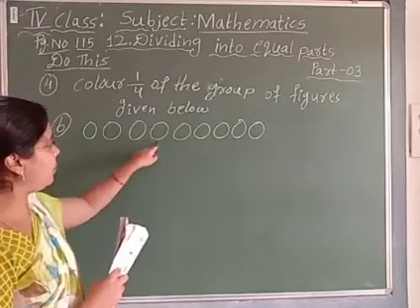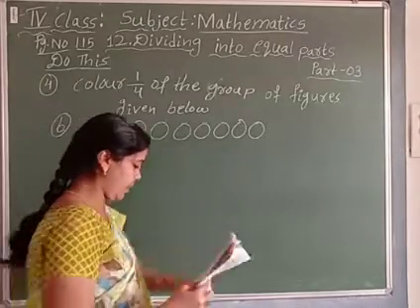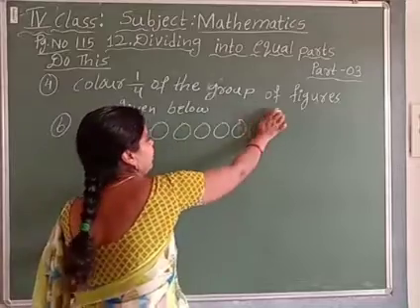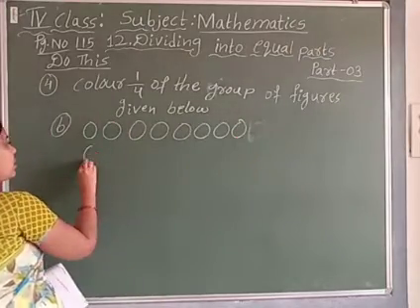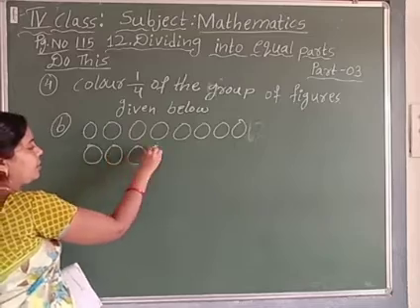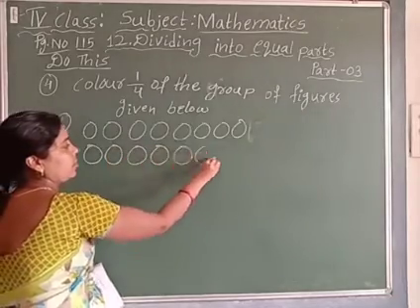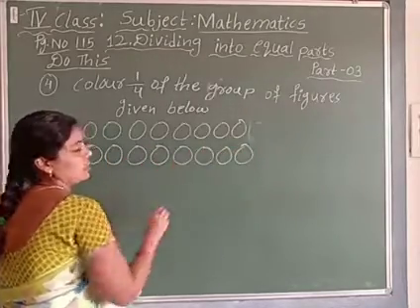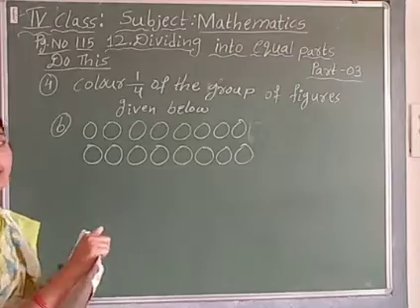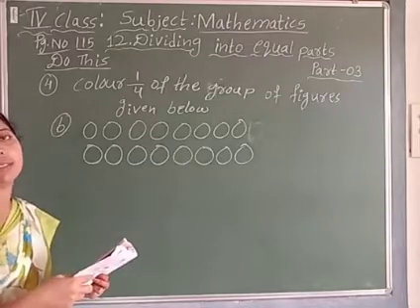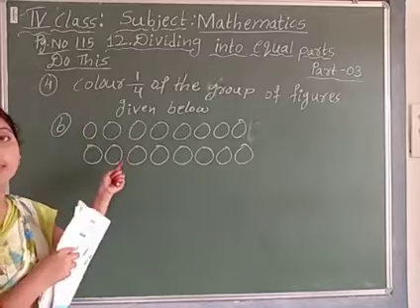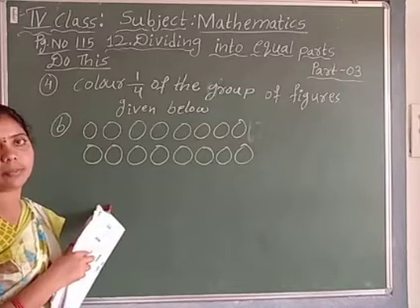1, 2, 3, 4, 5, 6, 7, 8. So 8 only. See. 9, 10, 11, 12, 13, 14, 15, 16. So 16 circles are there. In that 16, 1/4 part. So total 16 parts are there now.